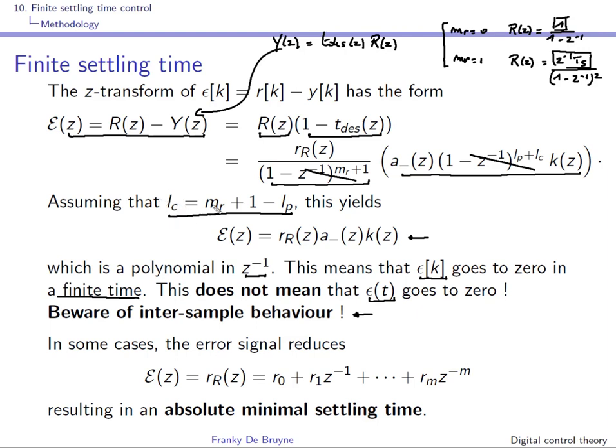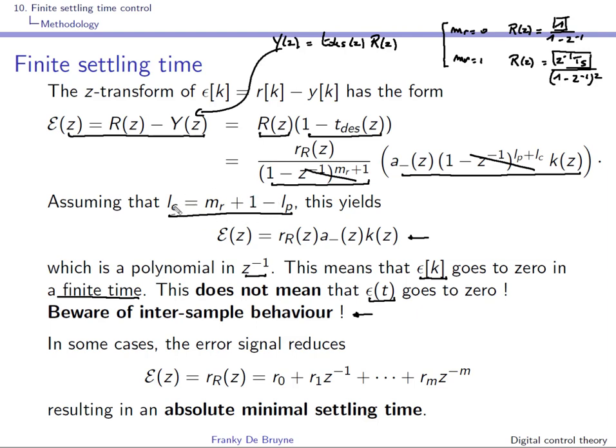Let's take another example: if you want to follow a reference signal that is a ramp, so you have MR equal to 1, and you have an integrator in the process, then you should put one in the controller, because MR plus 1 minus 1 yields 1. So this is how you have to use this equation.